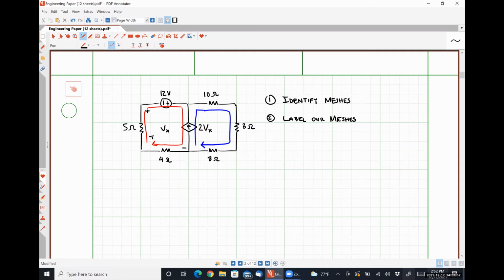So let's call this guy in red IA, this guy in blue IB. Our third step will be to write our controlling variable equations. Since we have a dependent source, we're going to have one this time.